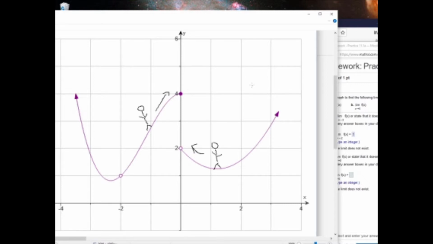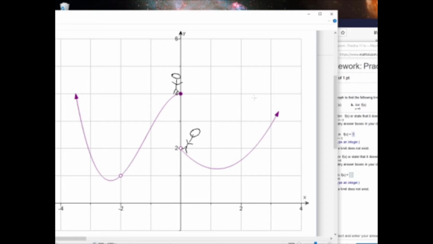Now the question is, as they walk towards each other, will they meet? Well, as they get closer and closer, remember mathematically we can get forever closer. As they get closer and closer, we can see that they are not going to meet.